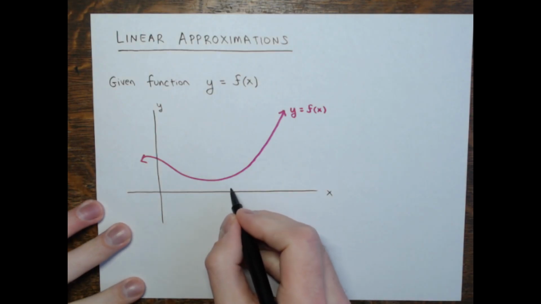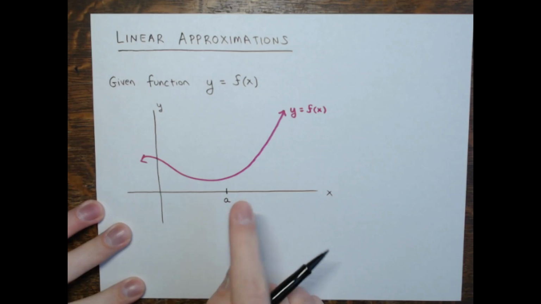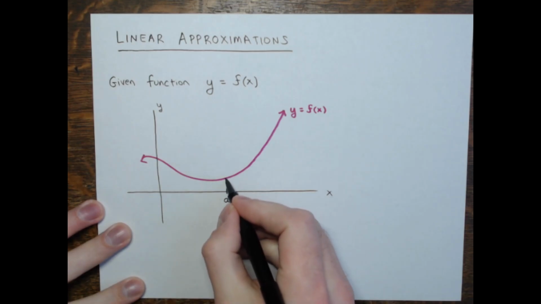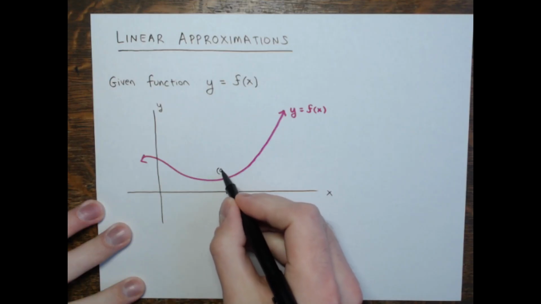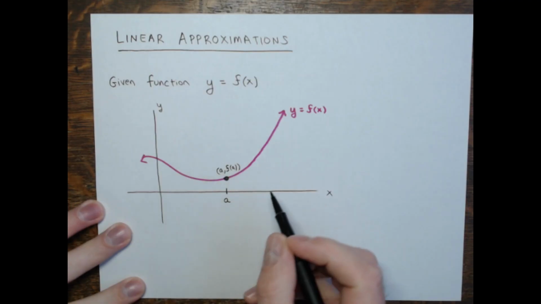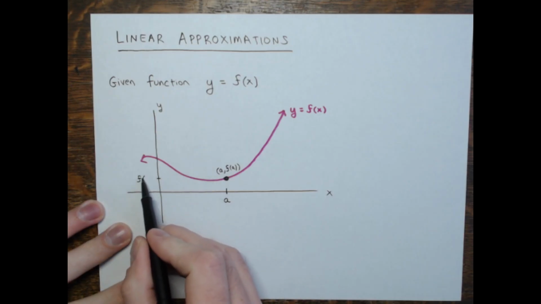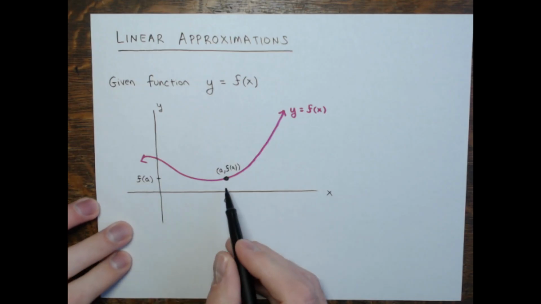Then say I would like to approximate, we're going to go to a particular value called a. So here's the point (a, f of a). The output over here would be the value of this function f at input a.